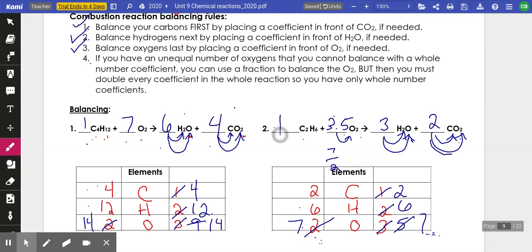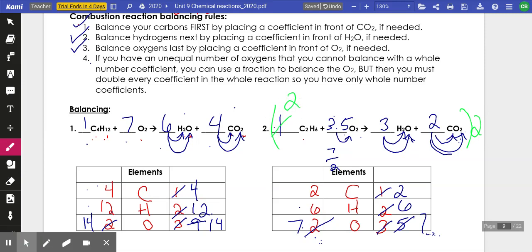So right now, 1, 3.5, 3, and 2. Those are my coefficients. I'm going to take everything there, and I'm going to multiply that whole reaction by 2.